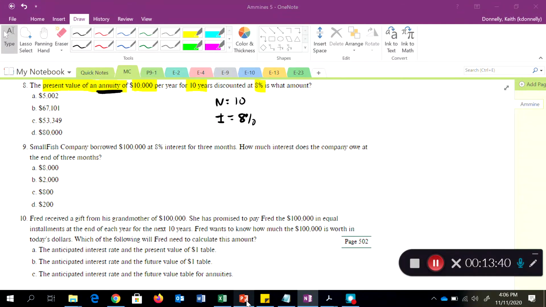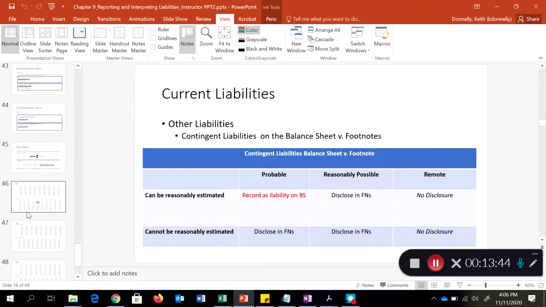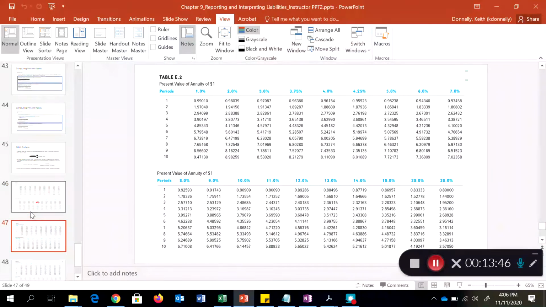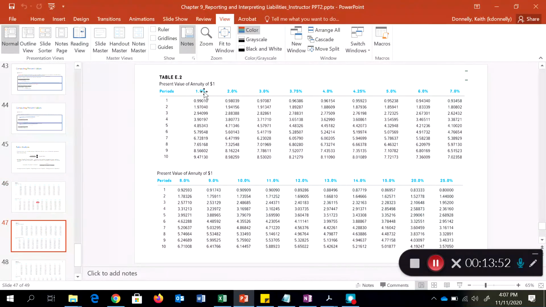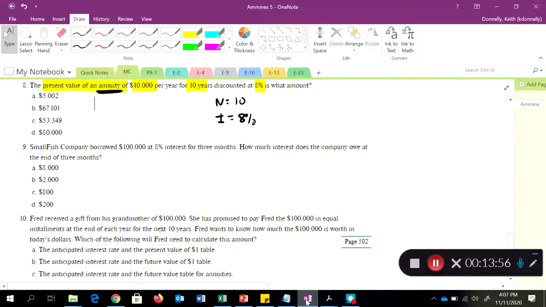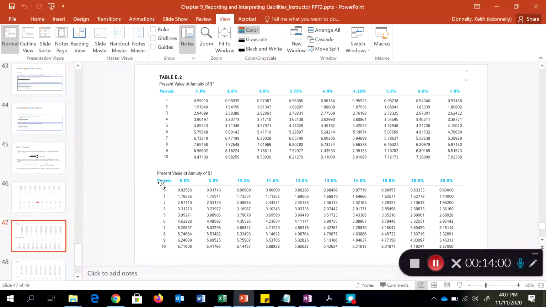So we're going to go to our tables. So we see present value, but that's of $1, present value of $1. Here we go, present value of an annuity. That's what we're looking for. And it looks like our N is 10 and our I is 8%. So 10 for N, I equals 8%.